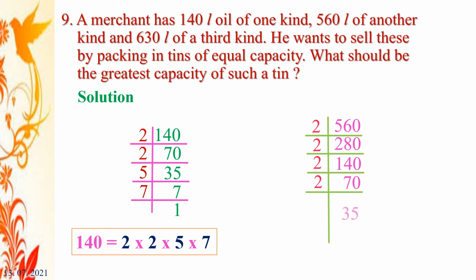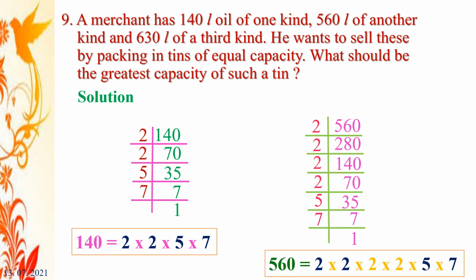So we'll get 35. 35 is divisible by 5, so we'll get 7. 7 is a prime number, so it is divisible by 7, so we'll get 1. Now we can write all the factors of 560 equal to 2 multiplied with 2 multiplied with 2 multiplied with 2 multiplied with 5 and multiplied with 7.